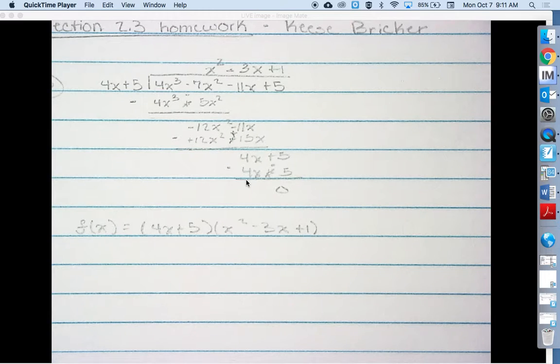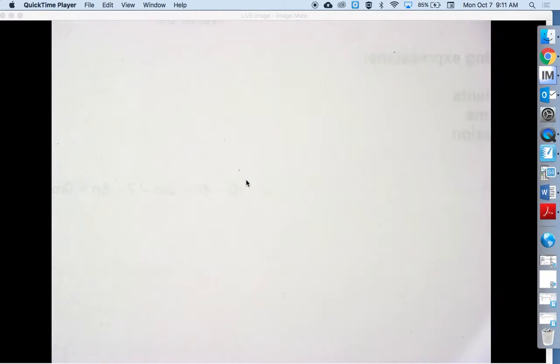Nice job, Reese. Any questions on 13? So if you get a remainder of 0, that means what you divided with is a factor, but it's also an x-intercept, or a 0. So remainder of 0 means it is a 0 on your graph.